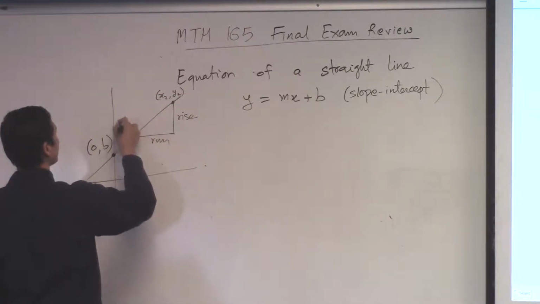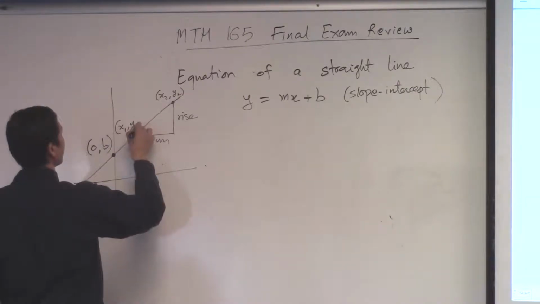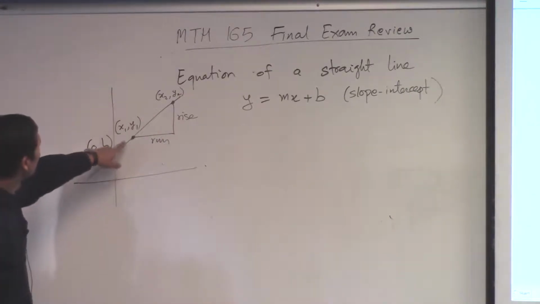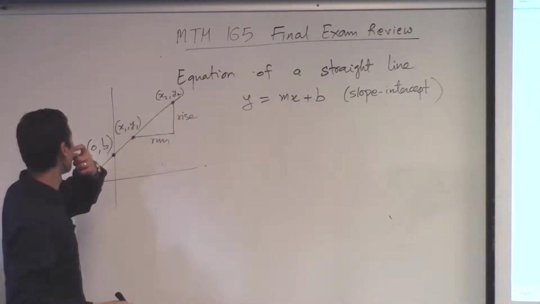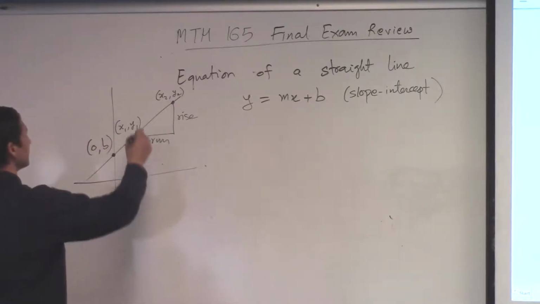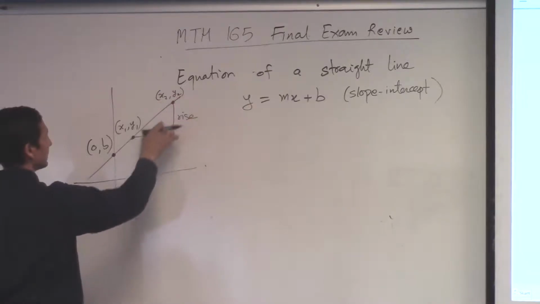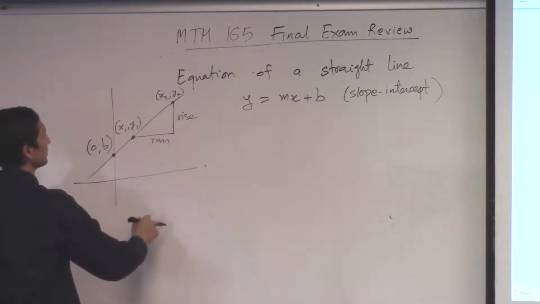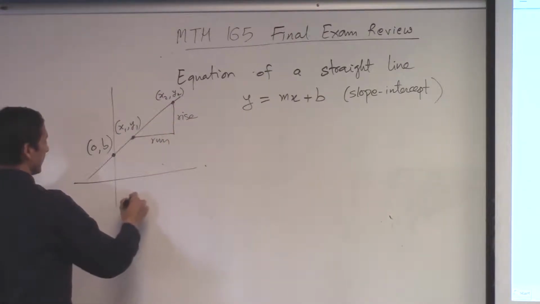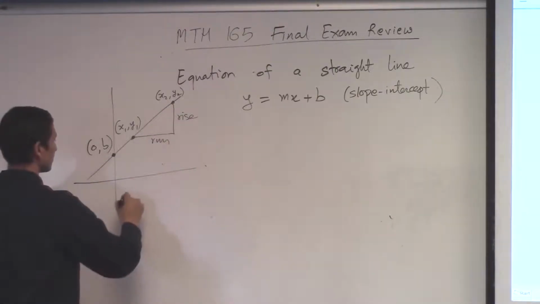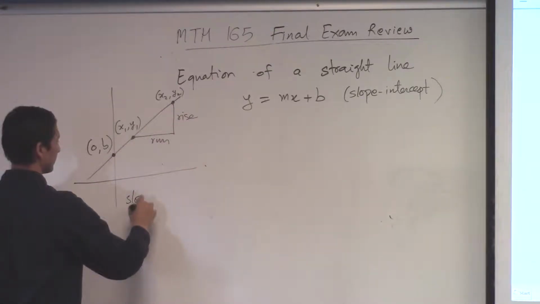If you choose any 2 points on the line, x1, y1, and x2, y2, then between those 2 points you can find the rise and the run, and the ratio of rise over run is called slope.